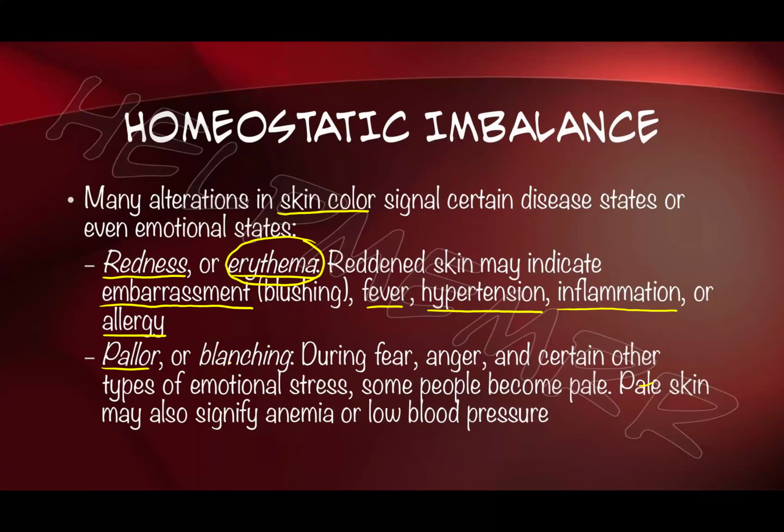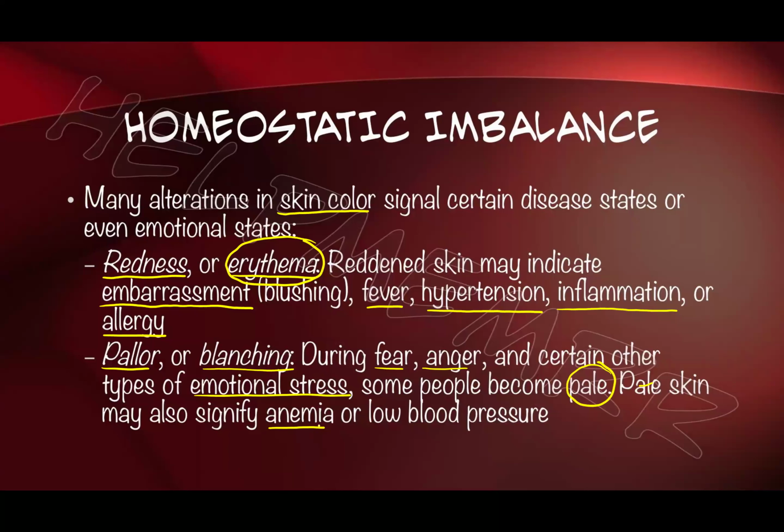Pallor is almost the opposite. It's blanching. It's because of fear, anger, and emotional stress. It's becoming pale. Now, that pale skin can be because of a couple of different things.